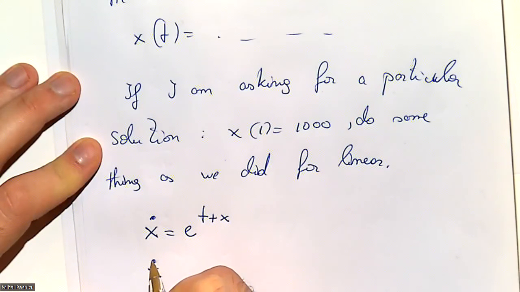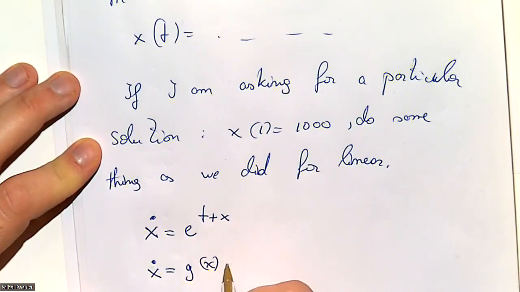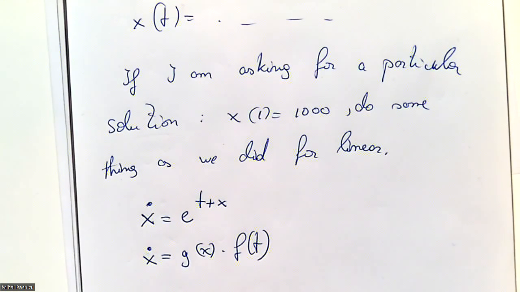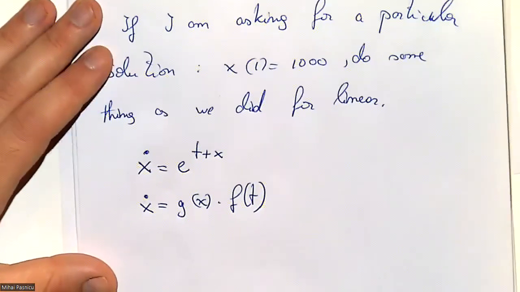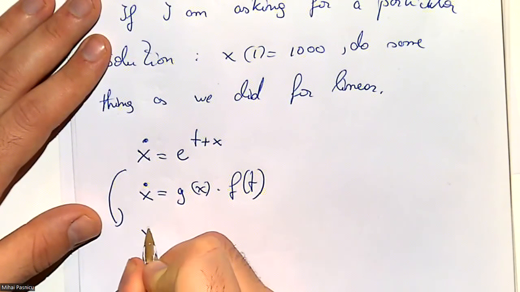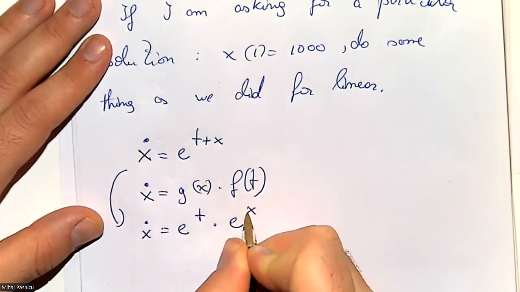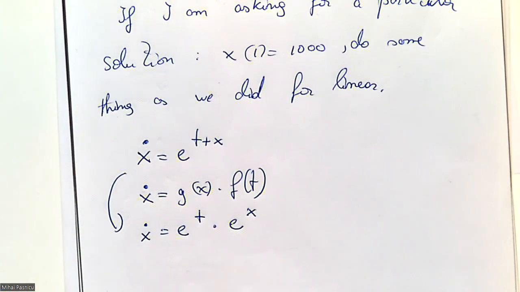So I know that the separable needs to look something like this. At this point, the function above does not look like this. So what can I do? I can just rewrite it slightly differently. I can just write it as x dot is equal to e to the power of t times e to the power of x. Fair?